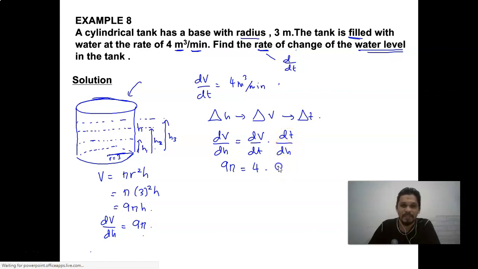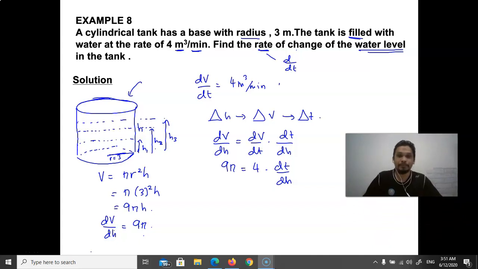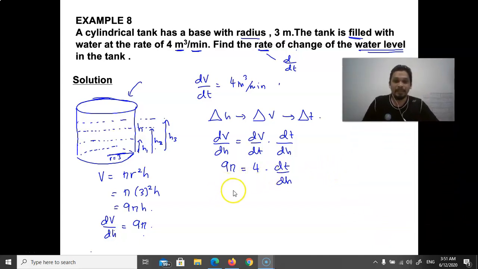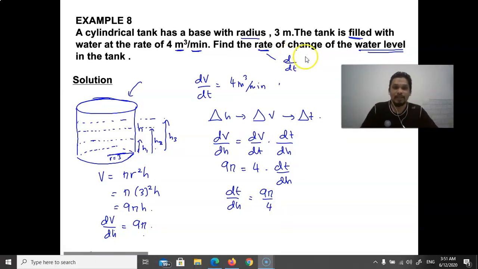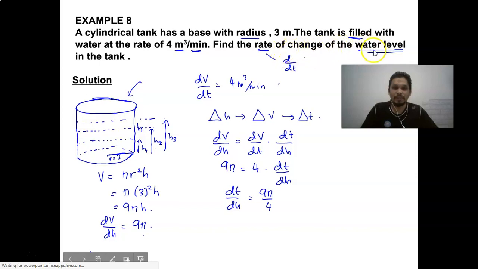So, find the rate of change of water level in the tank. Now dt/dH is equal to dividing by 4, and you come up with 9 pi divided by 4.